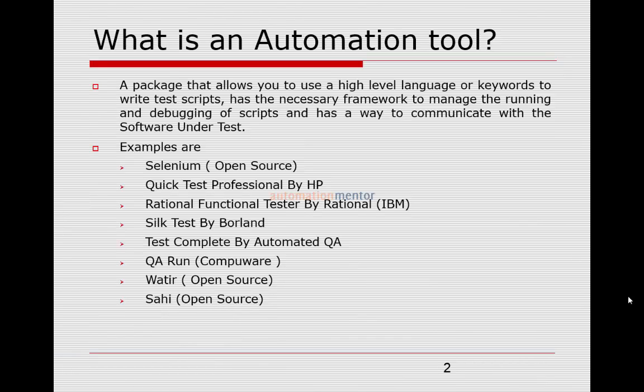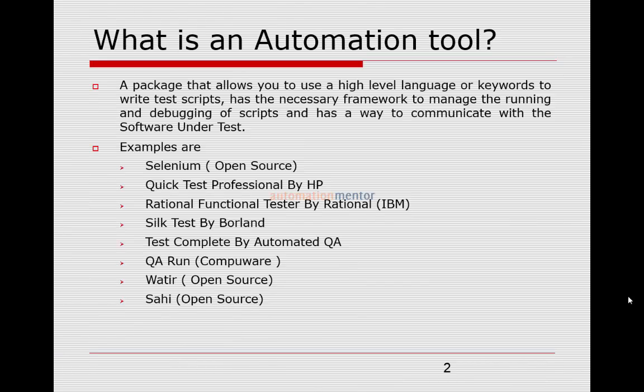Coming to the various tools available in the market, there are a few open source as well as commercial tools. When it comes to commercial tools, Quick Test Professional by HP is the most popular one, which supports web as well as desktop based applications.